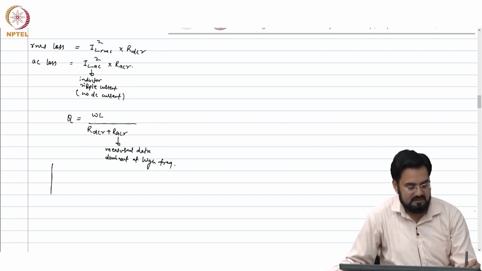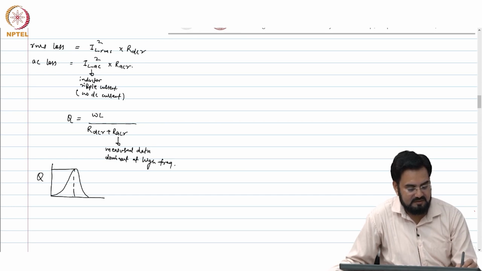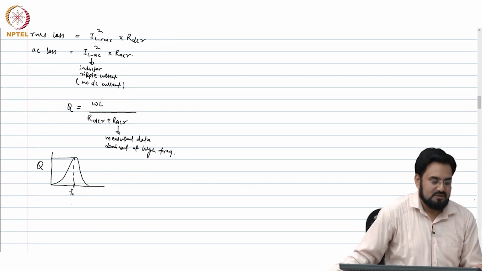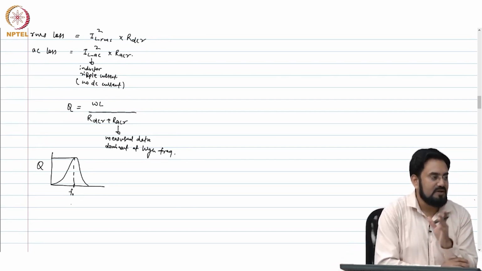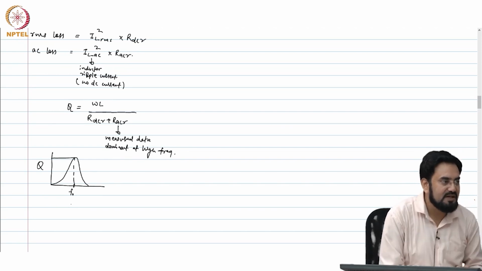It may look like a band pass filter Q. So, wherever you have the Q of the inductor peaking, you choose the switching frequency according to that.